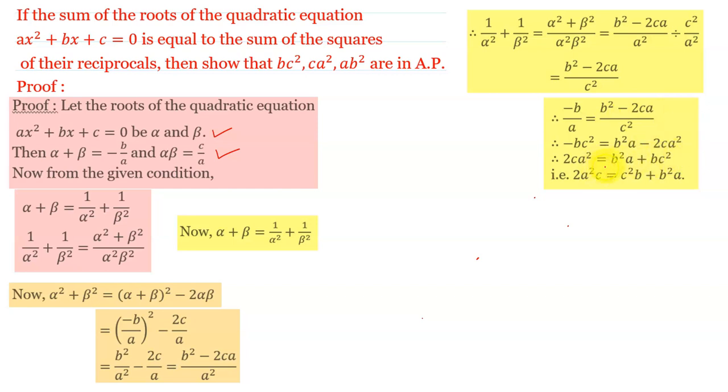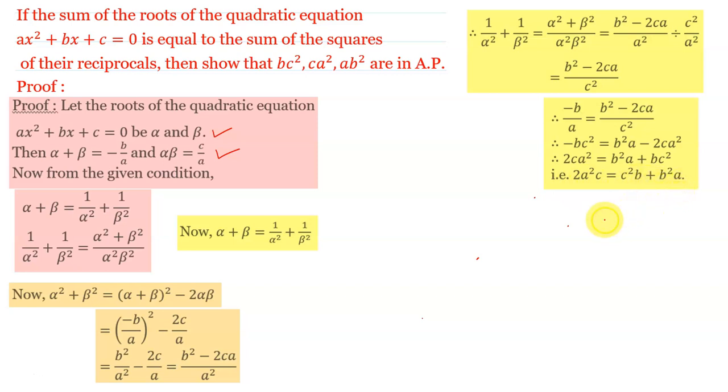Okay. पुन्हा हे simplify करणार. That is हा minus 2ca square आपण इथे right hand side, left hand side ला आणणार. And minus bc square तो right hand side ला जाऊ देणार. And hence we have here that is 2a square c is equal to c square b plus b square a.